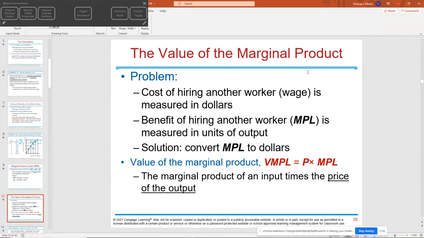So if we hire one worker and they can produce 30 buckets, hire a second worker, now we can produce 55. That second person is only adding 25 buckets of popcorn, I think is what it was. The third, they bring 20. And the last one is 10.